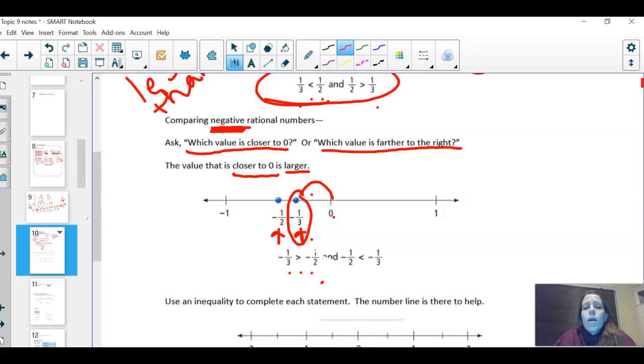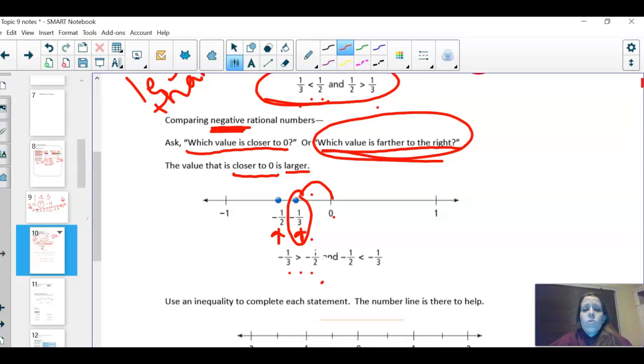Un negativo tercio es más grande o mayor que negativo 1/2.